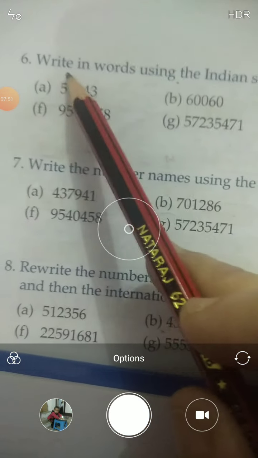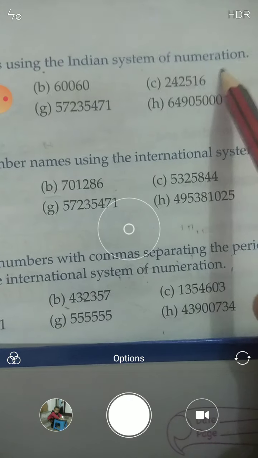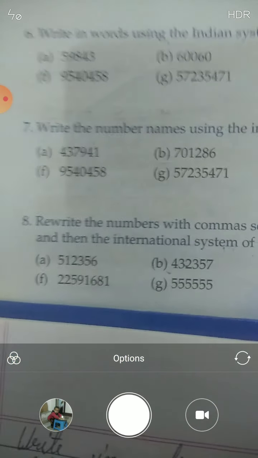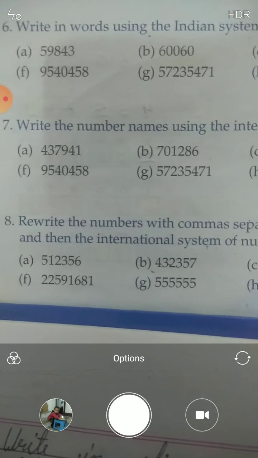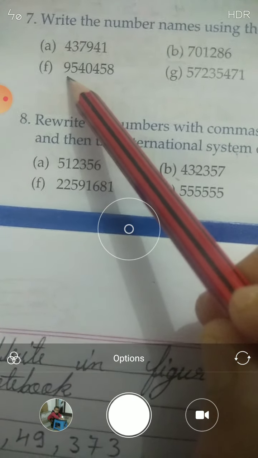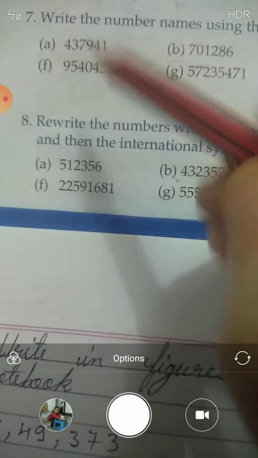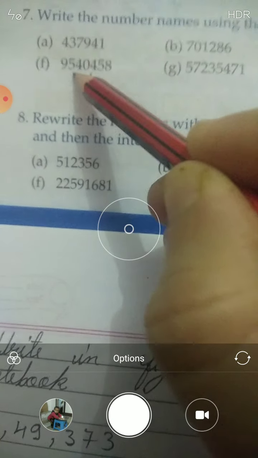Question number 6. Write in words using the Indian system of numeration. Students, you know the Indian system: lakh, 10 lakh, like this we have to use. I am taking F part here. What is given? It will be easy if we put the commas according to the Indian system.